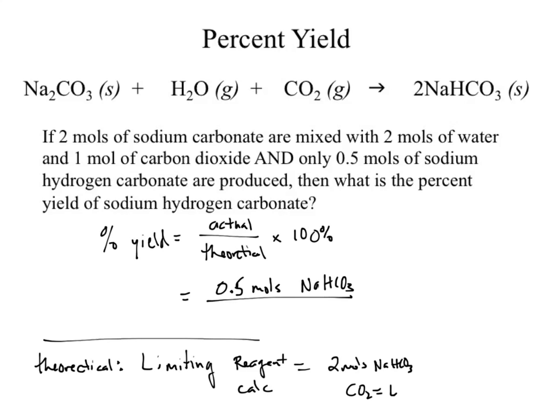CO2 was our limiting reagent. So we go back up to our calculation. We can now throw that in there. 2 moles of sodium hydrogen carbonate. Before we get too excited about doing this calculation, do our units match? Yeah. So now we can go through, punch into the calculator, 0.5 divided by 2, and we get 25%.